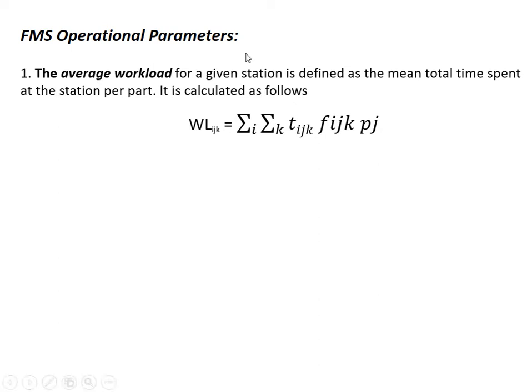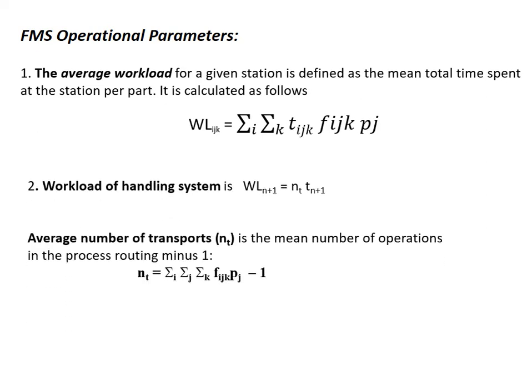This is normally termed WLIJK for the different workstations I and the different designs K. We have FIJK, the operational frequency already given, and TIJK, the process time also already mentioned, and PJ, which as we discussed earlier is called the part mix. All these will be given in the example. You simply substitute in this formula and get the average workload of that particular station. We will see one example also.